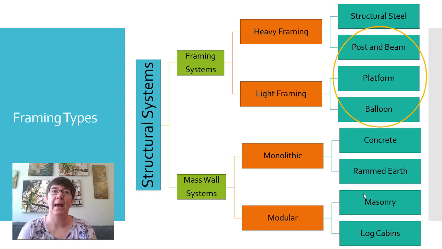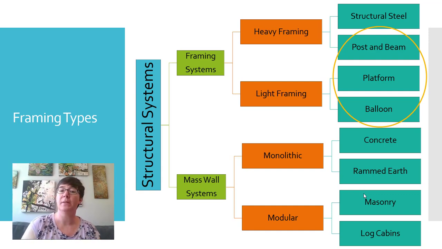Light framing has a number of smaller elements repetitively acting together to form your structural system. For example, wall studs. Individually, a wall stud is not that strong, but if you put them together repetitively, they will form a structural unit, a wall together.